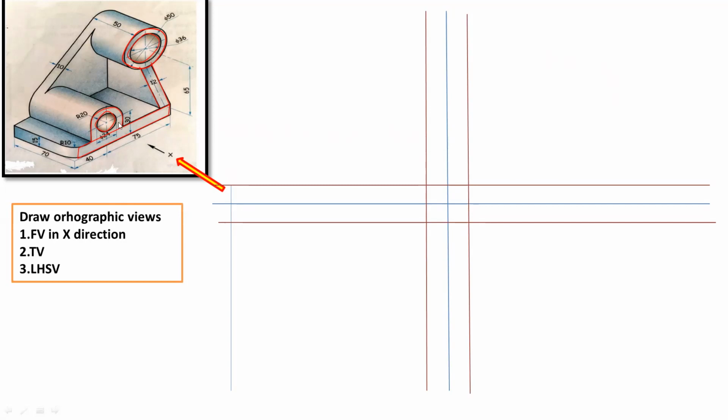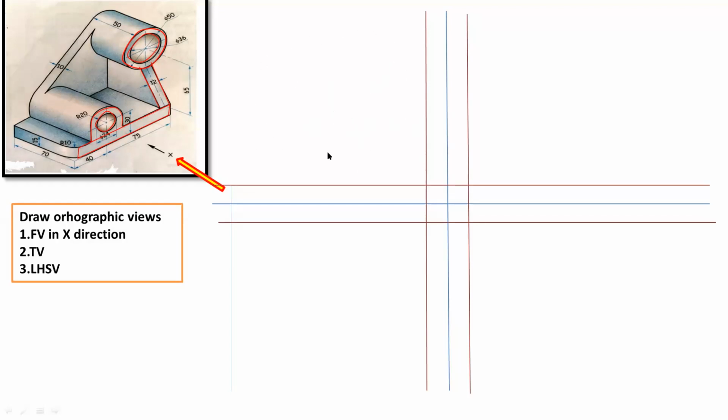For the given object, the side view which is visible is from the left side. Okay. So we will draw the left-hand side view. And for the first angle projection method, the left-hand side view is always drawn on the right side of the front view. Okay. And therefore, we will draw the front view in the second quadrant.